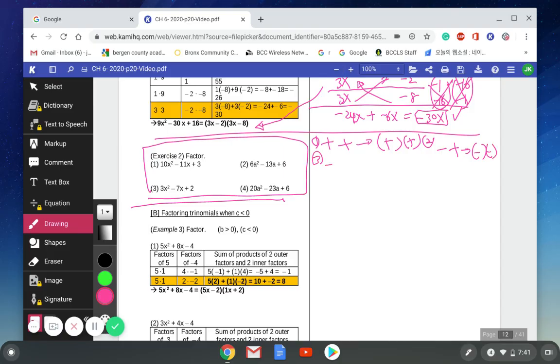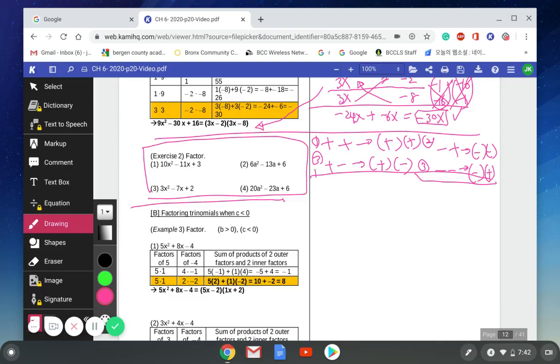When you have plus minus, the bigger cross multiplication has to be plus, and the smaller cross multiplication has to be minus. And when you have minus minus, the bigger cross multiplication has to be minus, and the smaller cross multiplication has to be plus. So that's the refreshment of your sign rule.